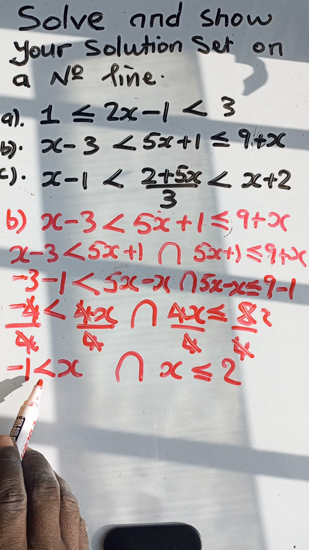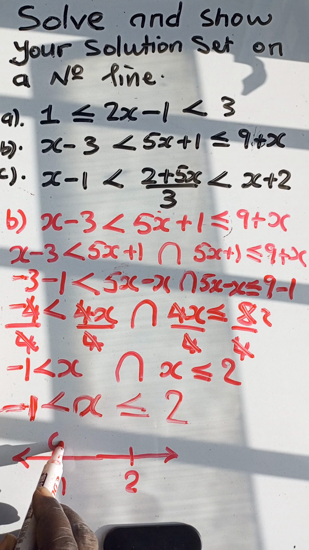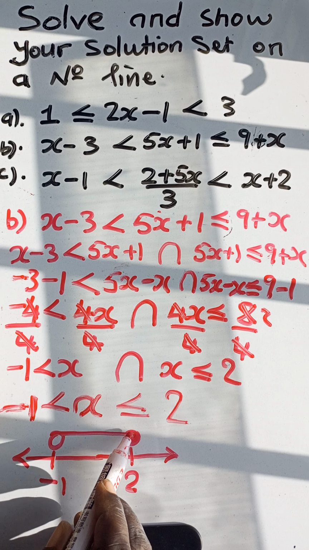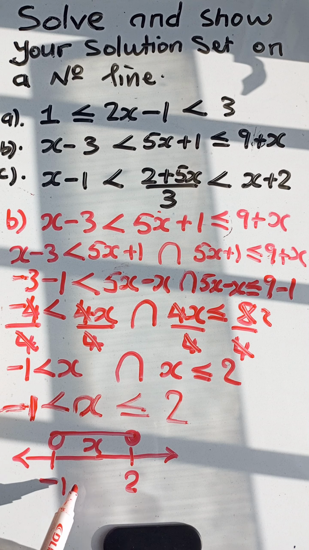On the number line, we have here negative 1, we have here 2. Here we have an open circle, here we have a closed circle. This solution set on the number line is represented as such.